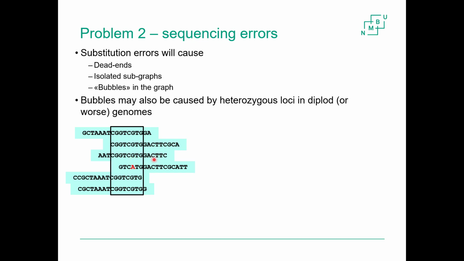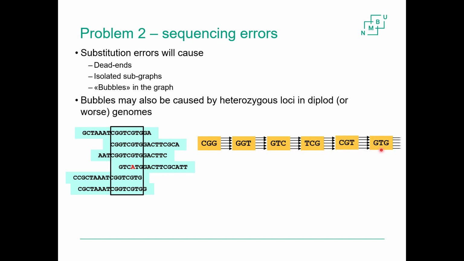So if we try to make the de Bruijn graph, it looks like this. And here I use 3-mers, right? So CGG, the first 3 letters, is followed by GGT, the next 3 letters, right? And I have 5 arrows here because there are 5 reads that agree on this, right? And then we can just list all the 3-mers like this, and it continues in some way.